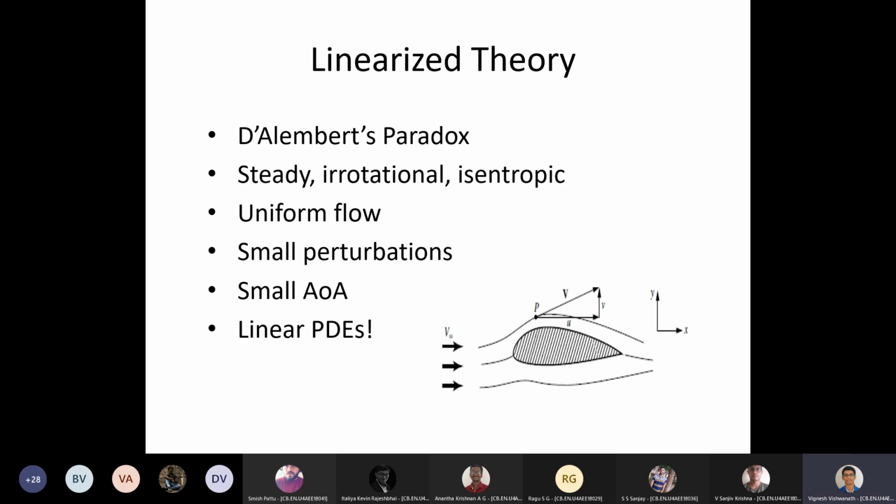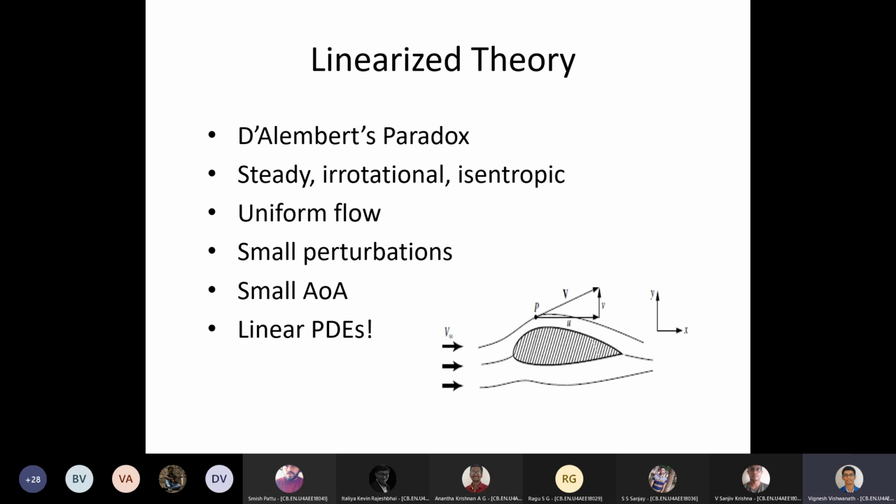Now, for an airfoil, they have applied the same concept. Here, because of its geometry, lift is produced, but it still says there's no drag produced. The same theory is extended to subsonic compressible flow as well. Initially we took incompressible flow, but the same principle is extended to compressible flow.